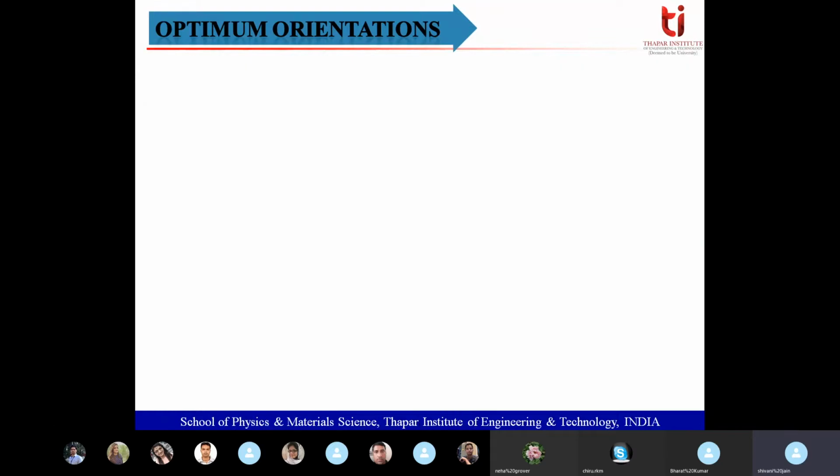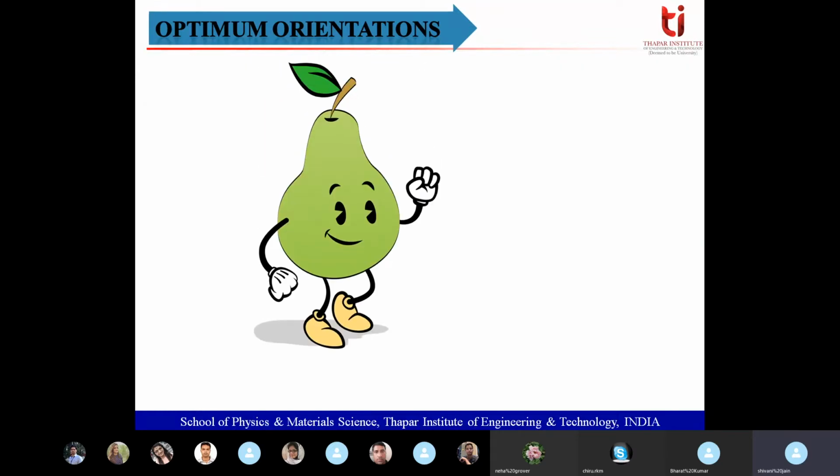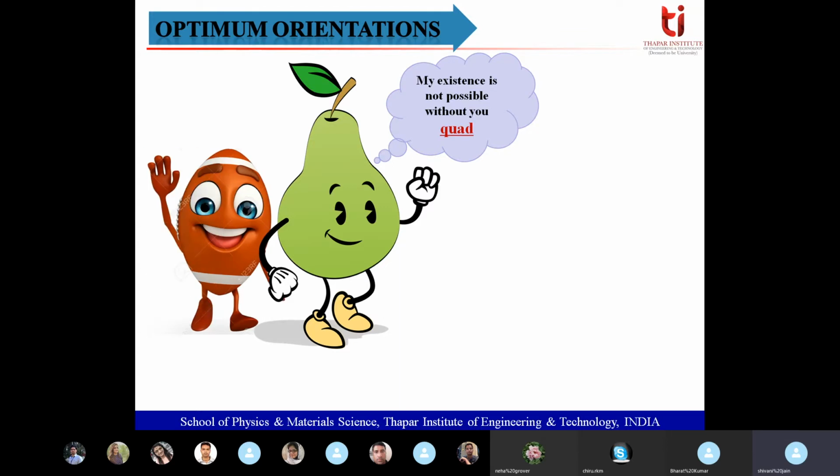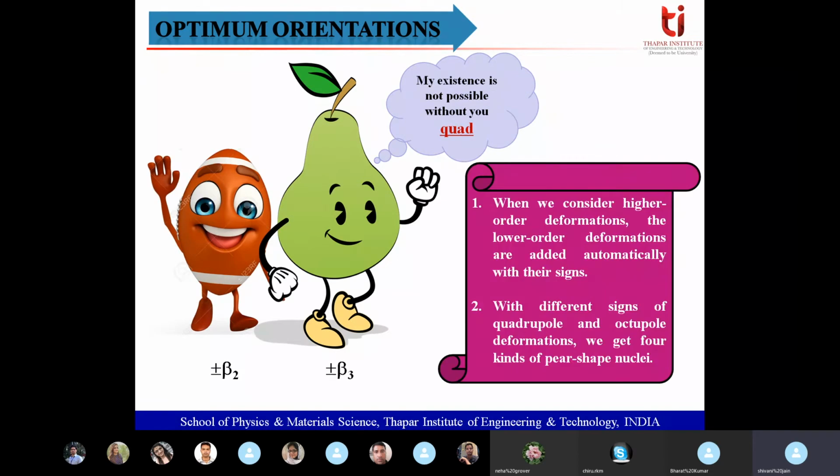Now, what if we involve the pear shape or octupole deformed nuclei, and what changes will come in the optimum orientations? Before that, the pear shape wants to say something: its existence is not possible without the quadrupole deformation. That means that when we consider higher order deformations, the lower order deformations are added automatically with their signs.